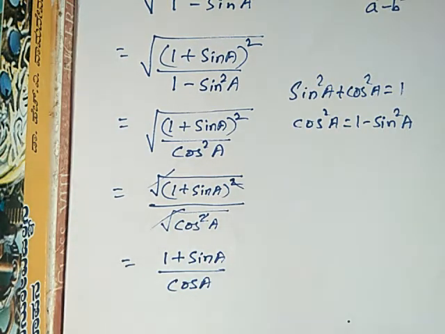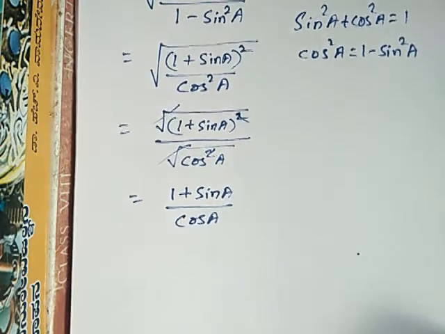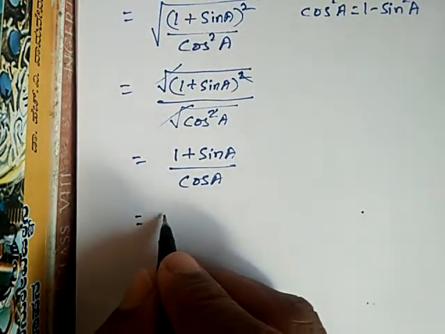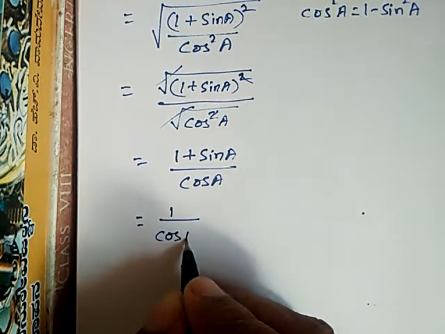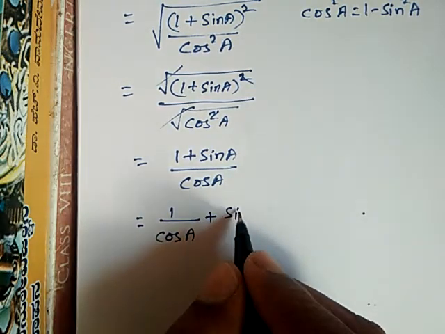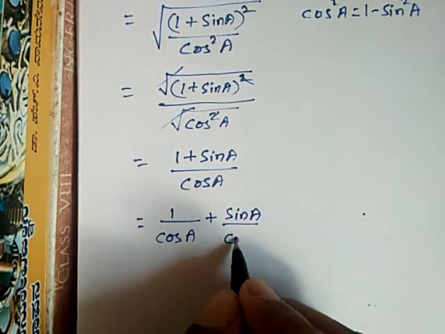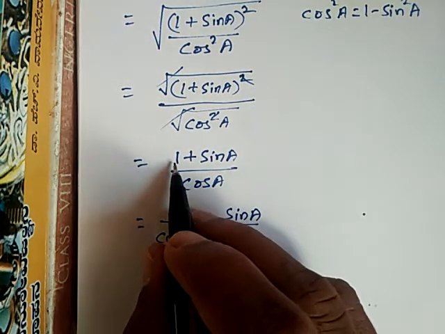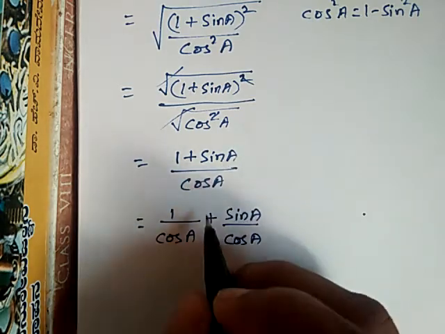For this one you can write 1 by cos a plus sin a by cos a, since cos a is in the denominator.